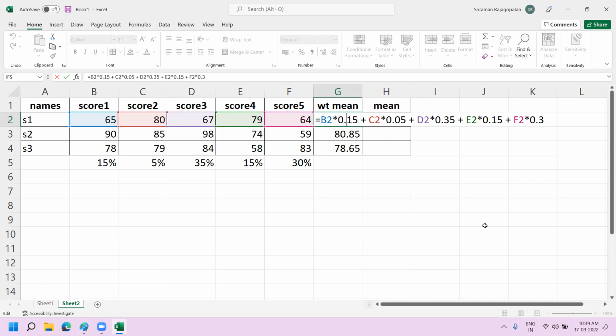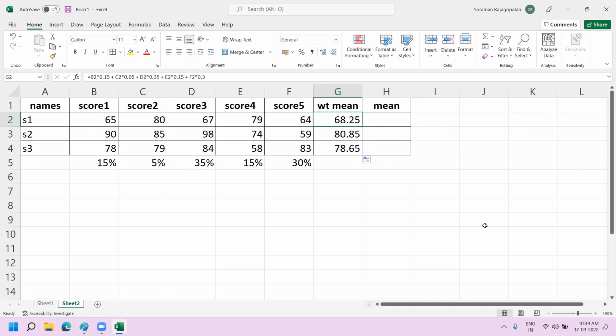Now find out how different the weighted mean and the regular mean are.